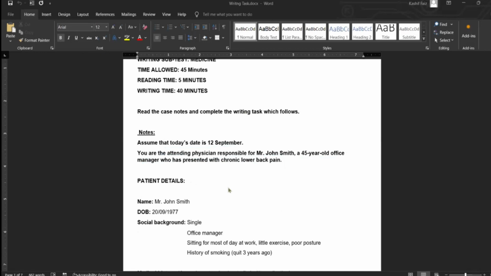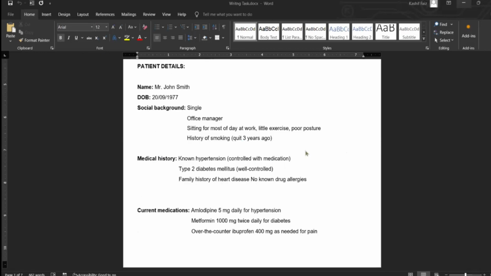Patient details. What are the patient details? The name is Mr. John Smith. Date of birth is 20th of September 1977. Social background: single, office manager, sitting for most of the day at work, little exercise, poor posture, history of smoking, and he quit smoking 3 years ago.